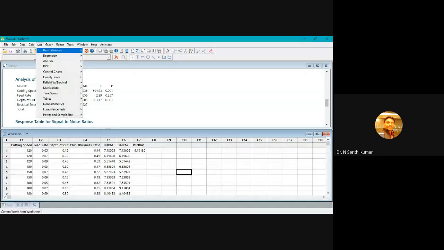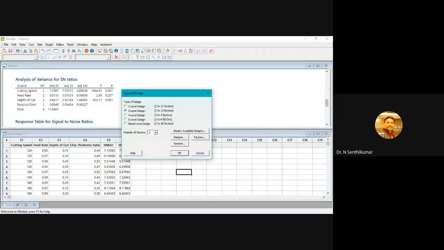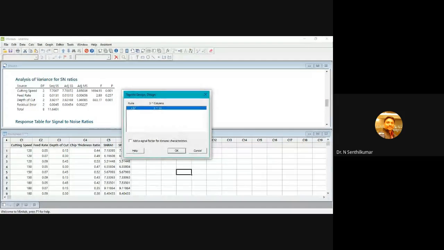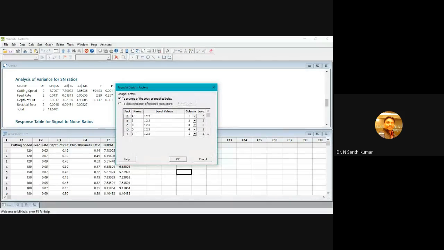Then Start DOE, Taguchi, Create. Now I am going with the same 3 levels, but I am going to select all the 13 values. So my design is L27. For factors, I am going to give random values. Cutting speed: 150, 180, 120.